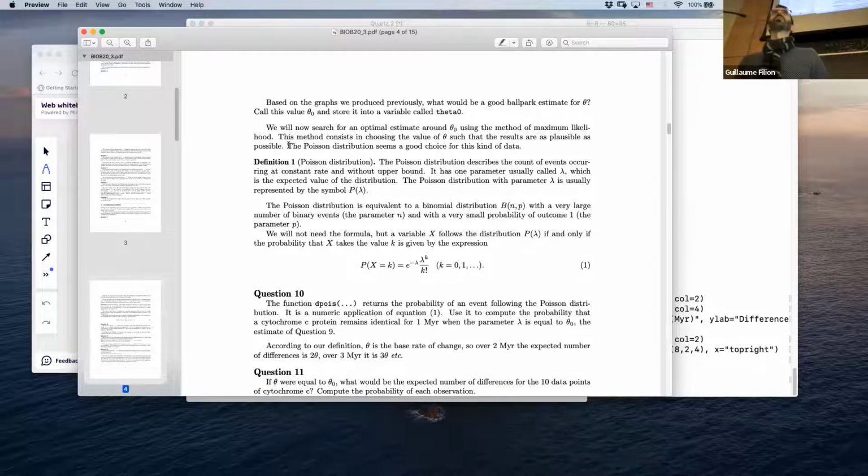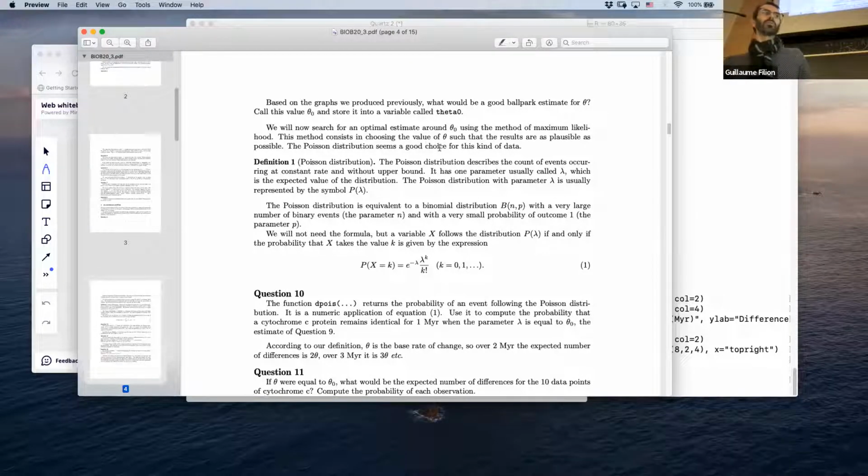It says we're going to choose the value of theta which is the most likely. We have to understand what that means, but that's really the idea. We're not going to pick a value that is incapable of explaining the data. We're going to pick the values that are really compatible with the data and that can explain them. That's the whole idea of explanation, plausibility and likelihood.